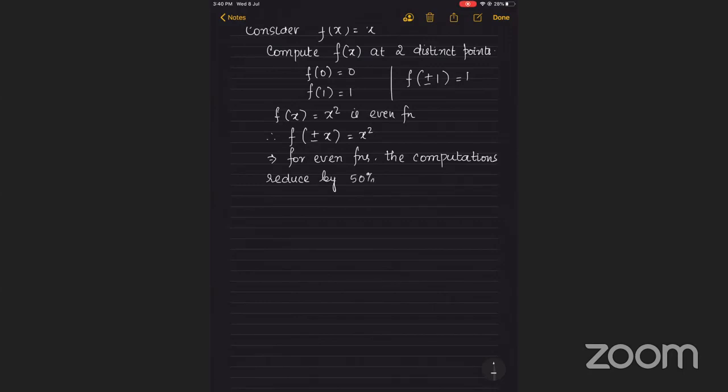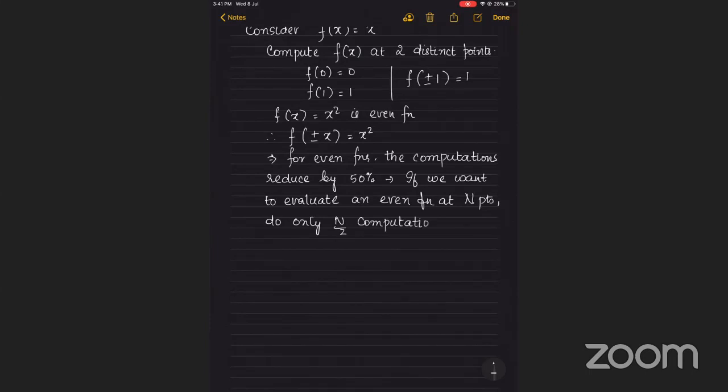So what do we mean by that? If we want to evaluate an even function at n points, we do only n by 2 computations. Why?